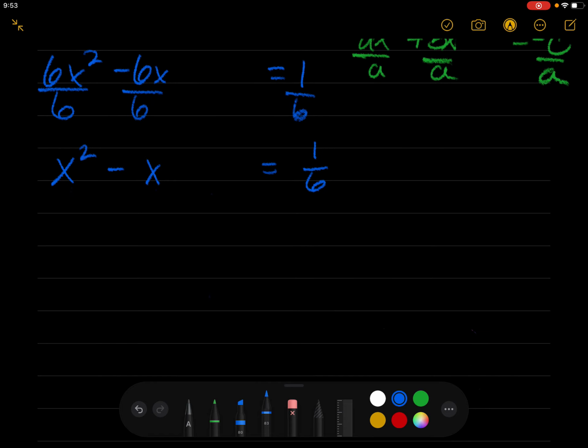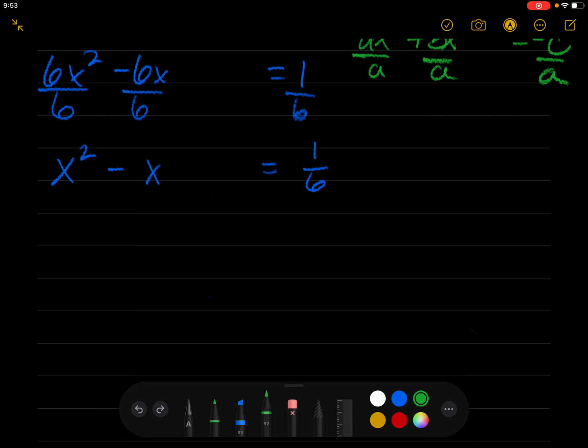All right, so we are now in the form we want, and we can begin the process of identifying the value that we need to add to our x squared and our x term in order to create a perfect square trinomial. There is a process you can do to find this, and it's the same process each time.